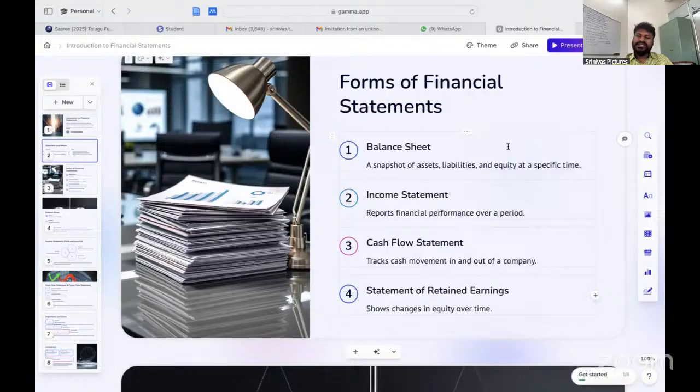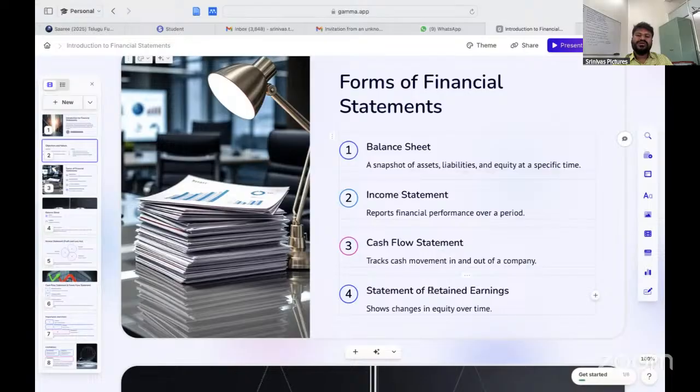Okay, and ratio analysis, trend analysis. These all we are going to analyze in the financial statements. Generally balance sheet, income statement, cash flow statement, after that funds flow statement, trend analysis, ratio analysis. These six are very important.